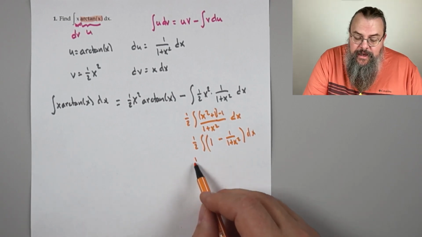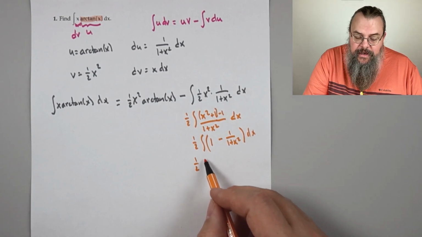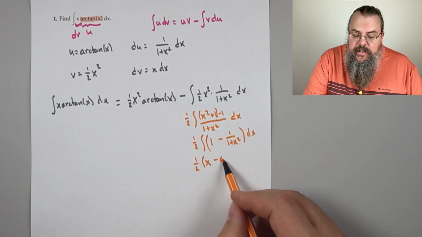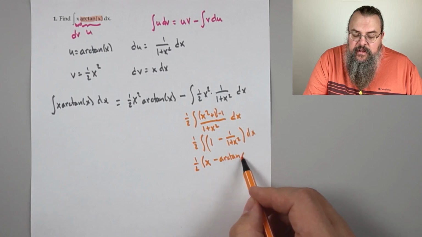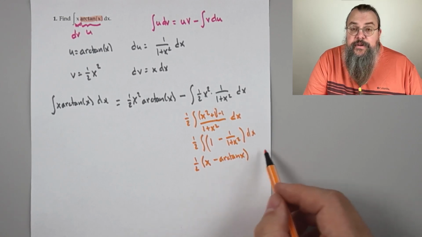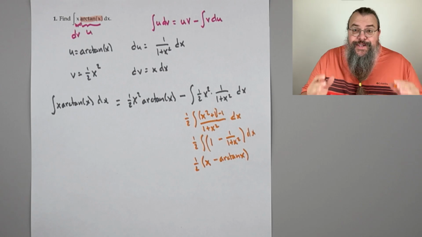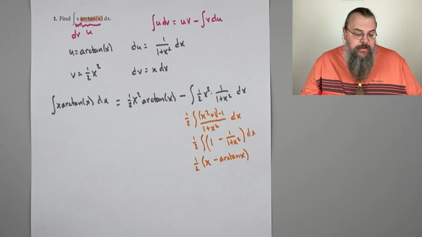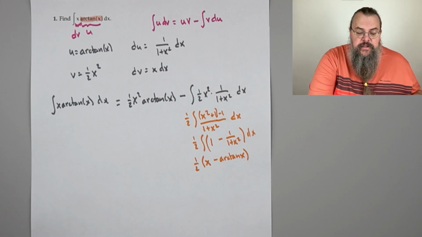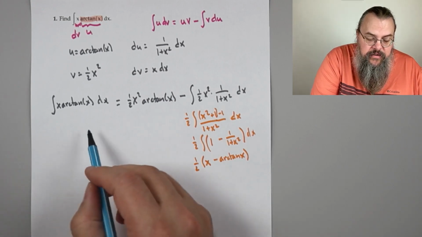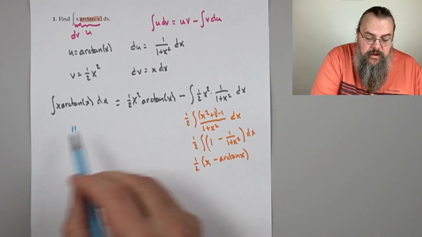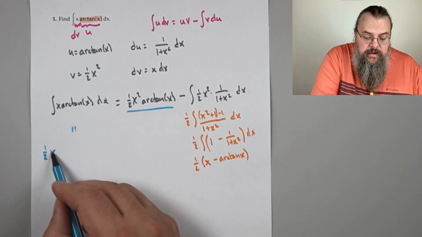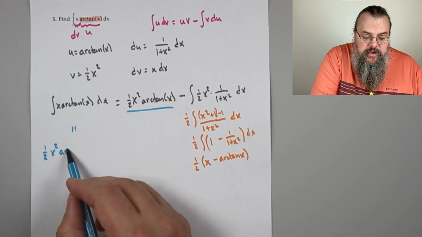Well, 1/2, there's an x, and then there's an arctangent of x. And of course, don't forget, you'll need a plus c. But let's put it all together. Okay, so here we go. All together now. We have that this integral of x arctangent x is this piece, the 1/2 x squared arctangent of x.